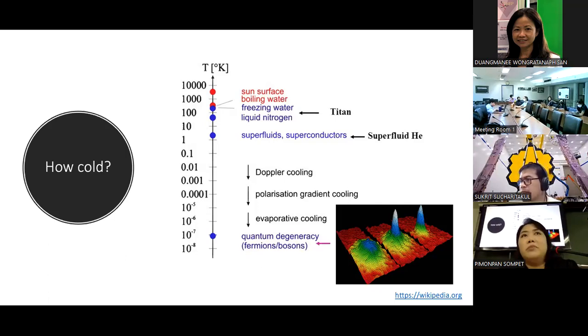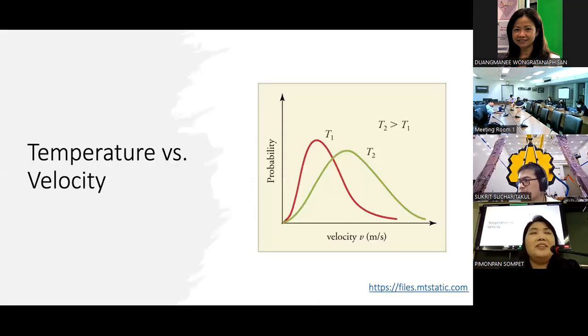So how do we do that? It's very technical, but let me show you a bit of the idea. Of course we are physicists, so we know about the Maxwell-Boltzmann distribution. Temperature and velocity are connected.